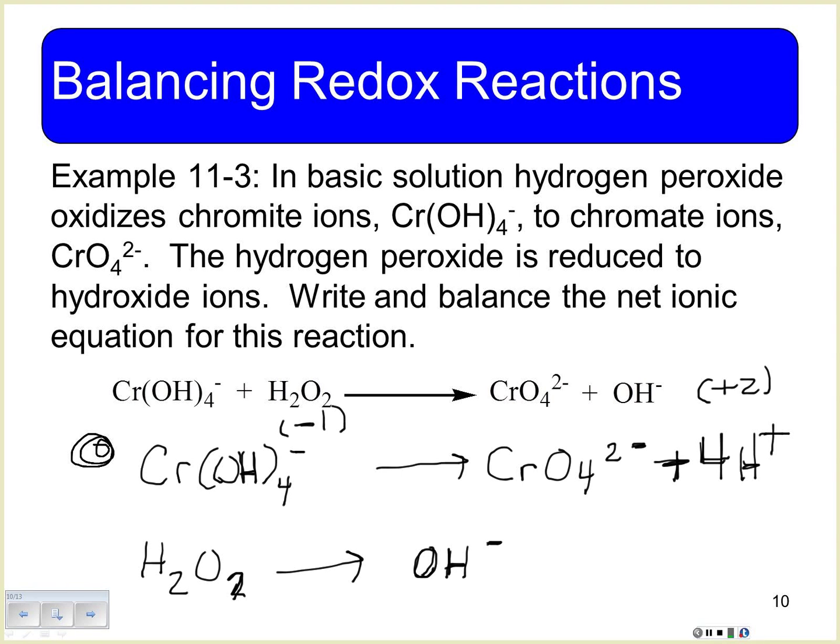So we're going to add electrons to the more positive side. Anytime you have to add protons here, it usually means this side is going to be the more positive side. So how many electrons will we have to add to the product side? We're going to have to add 3.